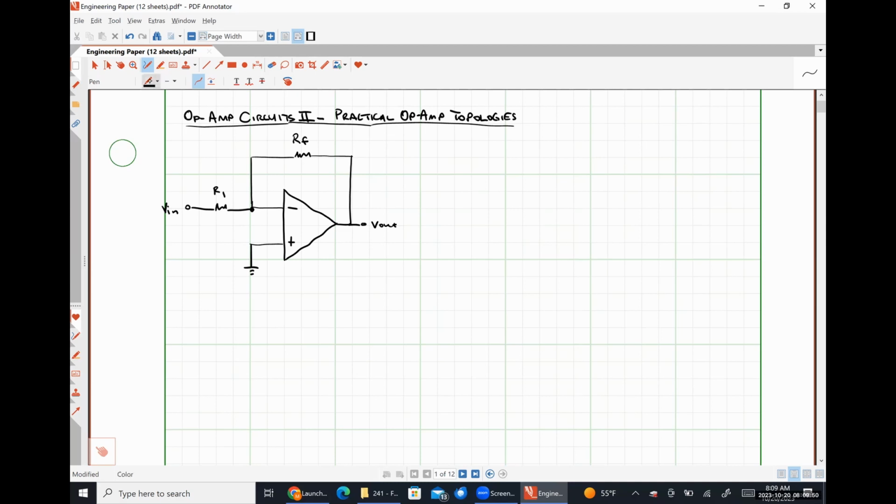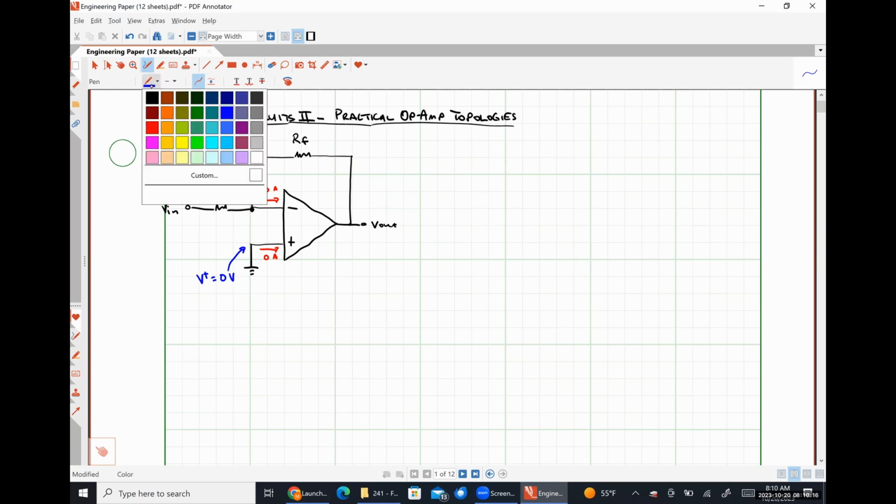So if we apply step number 1 of our analysis procedure, we would see that these two currents are 0 amps and 0 amps respectively. Step number 2, we would observe that the voltage present at our non-inverting input terminal is 0 volts. Step number 3 tells us then that the voltage present at our inverting input terminal is also 0 volts.